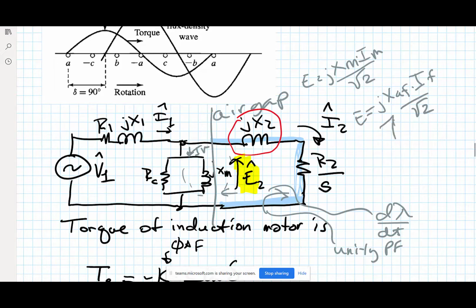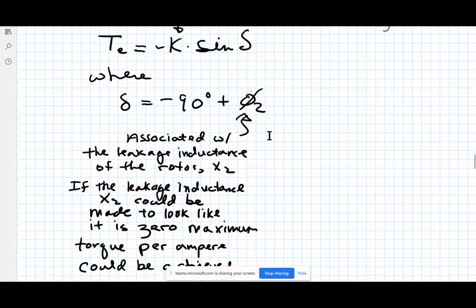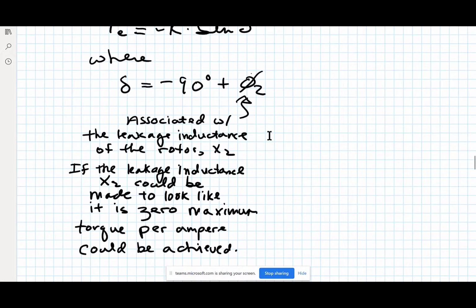There's really a 90-degree shift between these two, because this j is 90 degrees, except for that. The leakage inductance keeps you from getting max torque per ampere, but if it wasn't there, you would have an ideal machine that could get the best torque per ampere. Just build it and it would work.